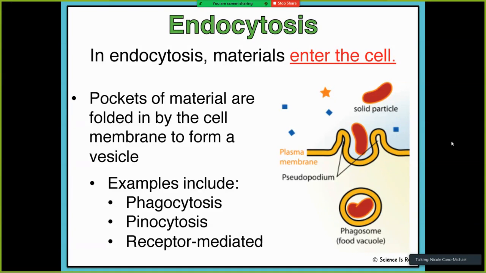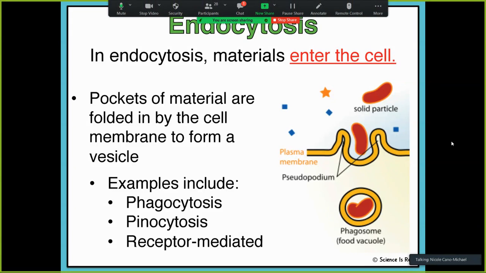The cell membrane sees something it likes on the outside, it sort of gobbles it up, and then it pulls it in when it forms that vacuole or vesicle. There are three types of endocytosis: phagocytosis, pinocytosis, and the big giant mouthful, receptor mediated endocytosis. But again, endocytosis, as a general rule, is just materials entering the cells.